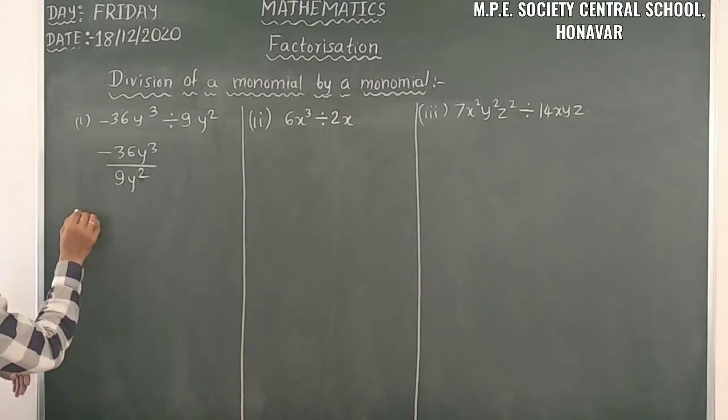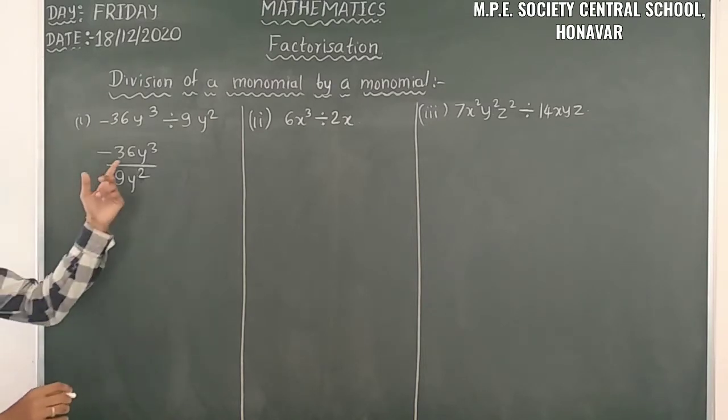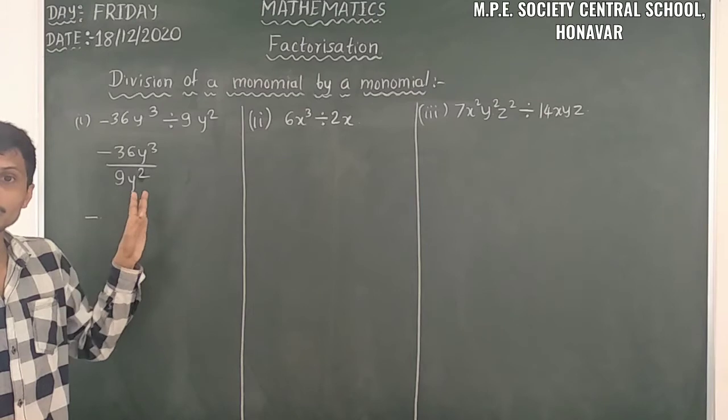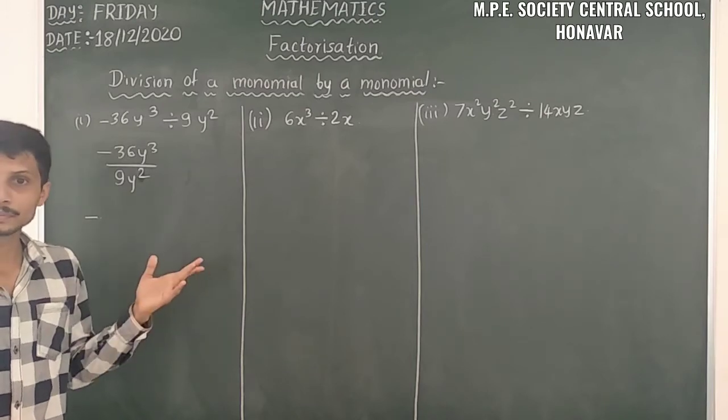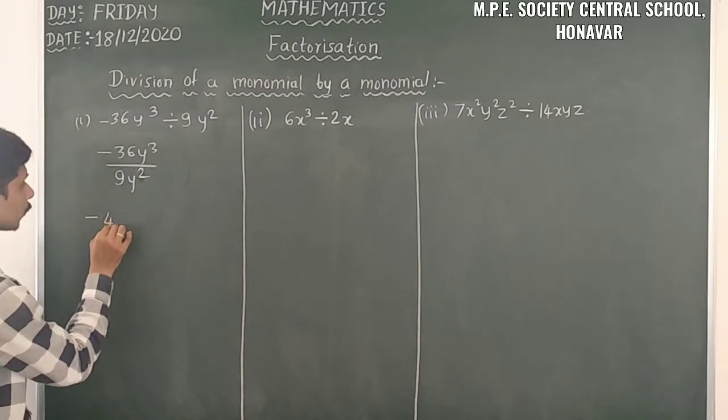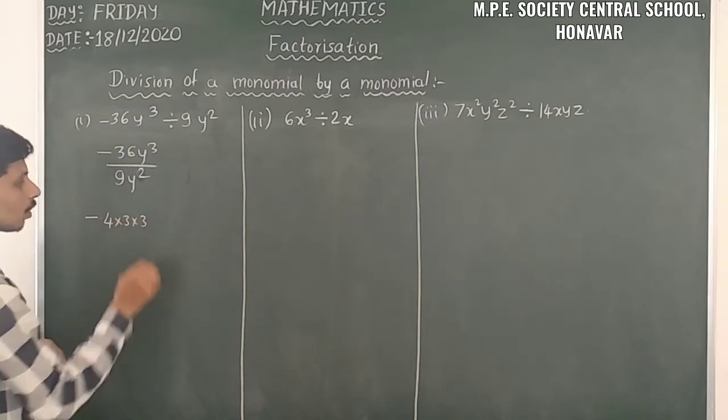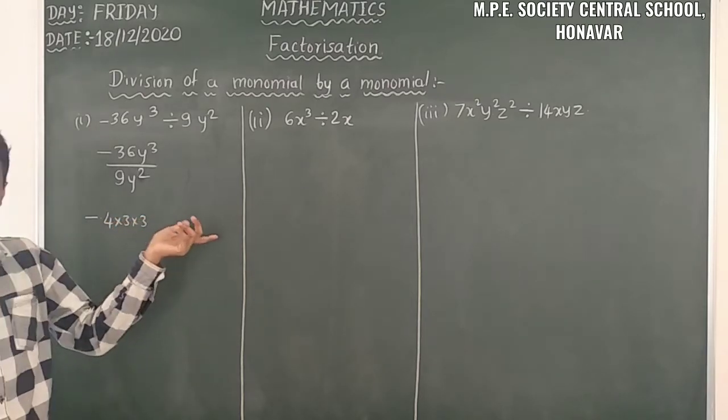How to write that? Observe the minus. 36 can be written as 4 into 3 into 3, or you can factorize separately, it's also possible.